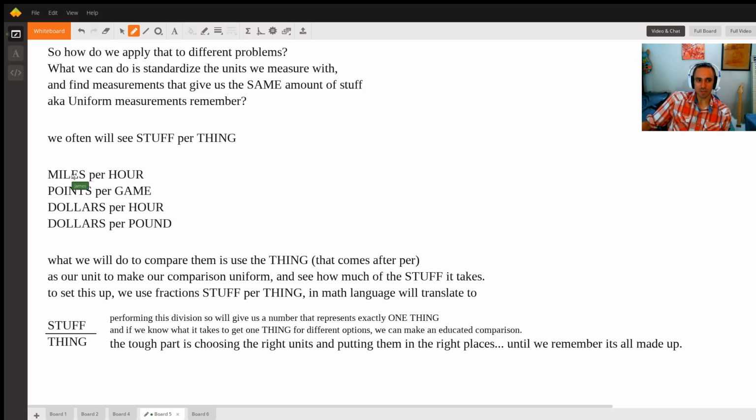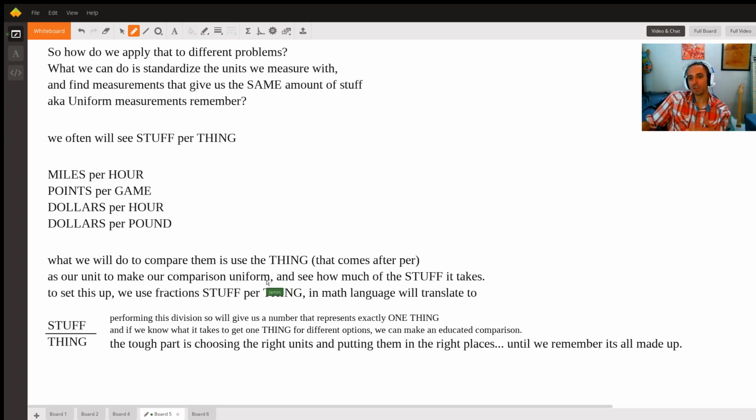We'll see miles per hour, points per game, dollars per hour, dollars per pound: money, distance, time. Well, money and time are probably the biggest ones you'll see in life. So what we'll do to compare them is use the thing that comes after per, in these cases hour, game, hour, pound, as our unit to make our comparison uniform.